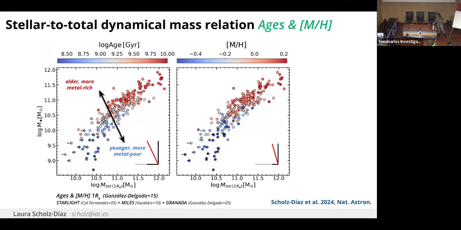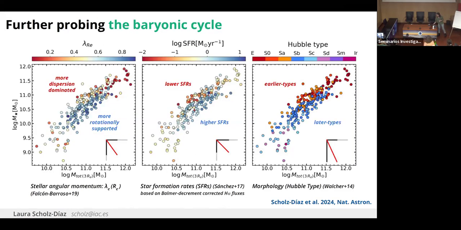This is not something that we only see in the galaxy stellar populations, but if we go to further observables, here we have stellar angular momentum, star formation rate, and morphology, that is, the Hubble type. So now we have galaxies that are more dispersion dominated, have lower star formation rates, and earlier type morphologies in this upper part of the relation.